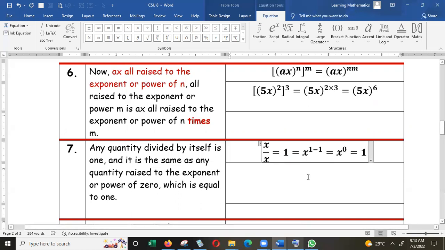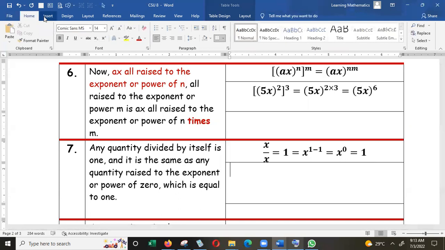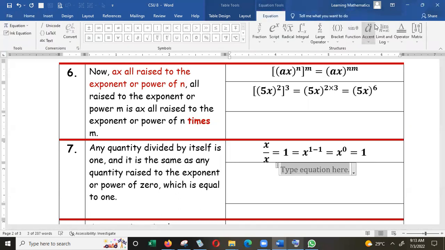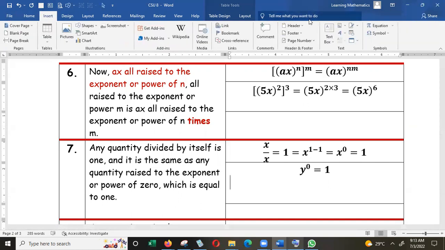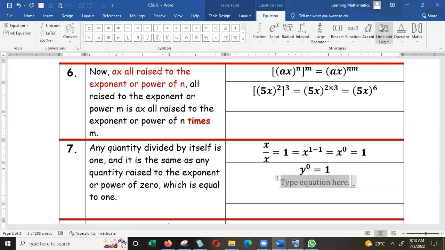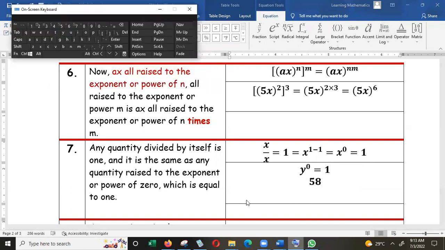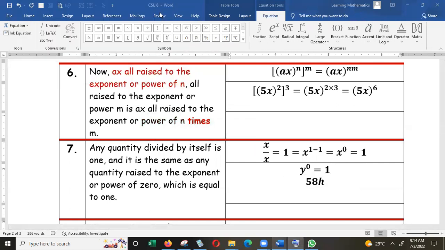So for example, if you have a situation of, let's say, y raised to the power of 0, you can easily equal 1. If you have a situation of 58h, let's say h, raised to the power of 0.